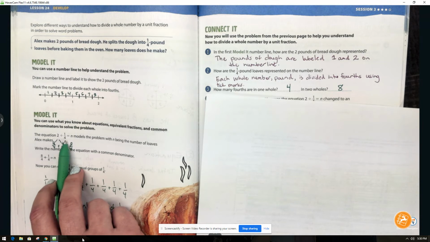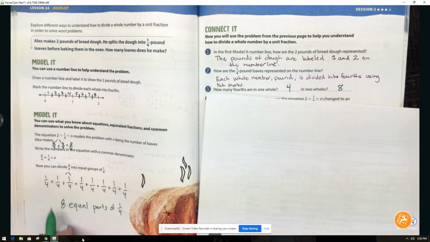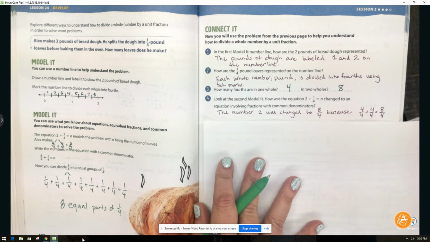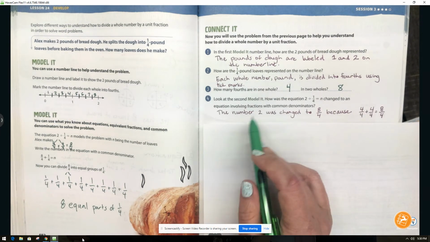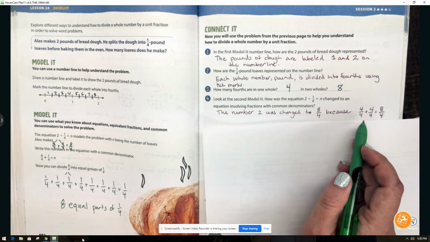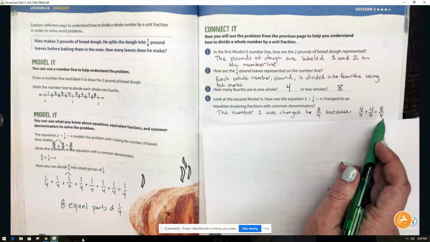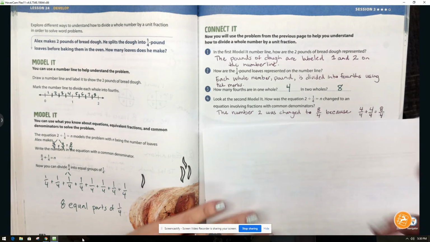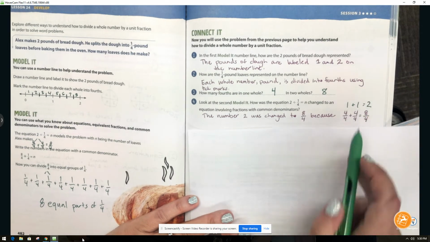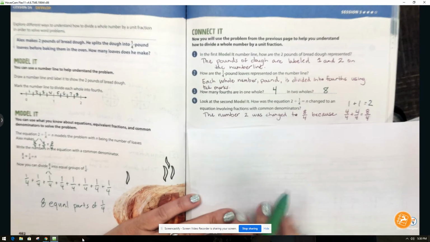So I just decided to keep it the same, which is really what you need to do in order to make it easy to do this math problem down here. So what I said was the number is changed to 8/4 because we have 4/4 and 4/4, which equals 8/4. Because this is 1 whole plus 1 whole, which equals 2. 2 is equal to 8/4.